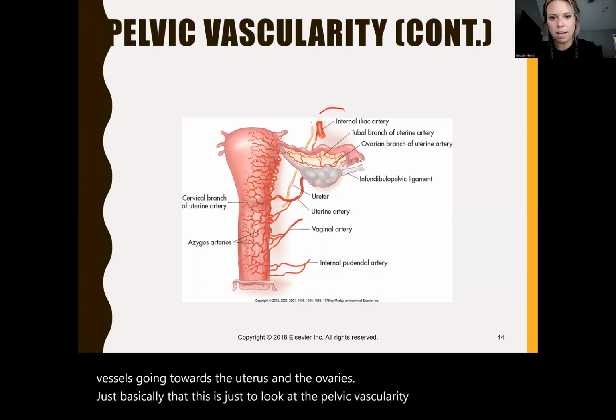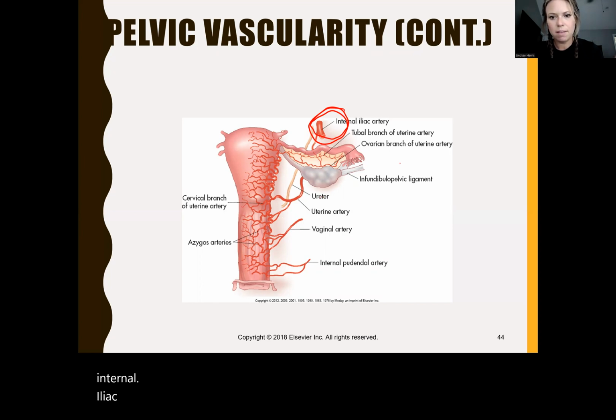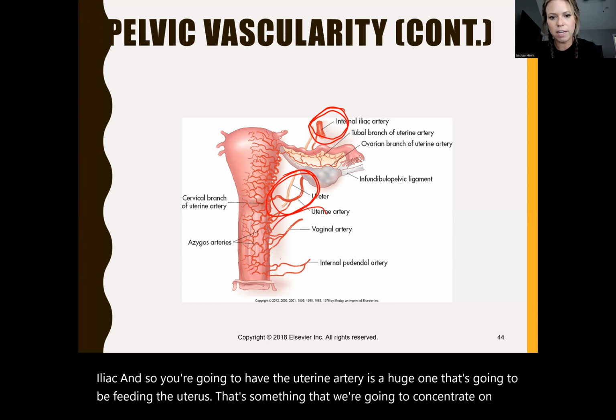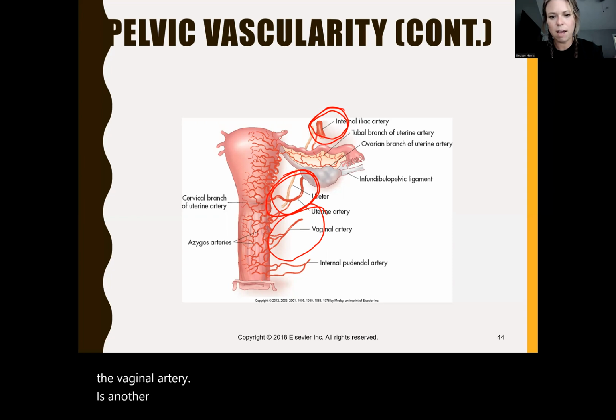A lot of the vascularity comes from the iliac artery, and it branches off from there, the internal iliac. And so you're going to have the uterine artery, which is a huge one that's going to be feeding the uterus. That's something that we're going to concentrate on. The vaginal artery is another vessel that feeds the vaginal canal. And there's an ovarian artery.